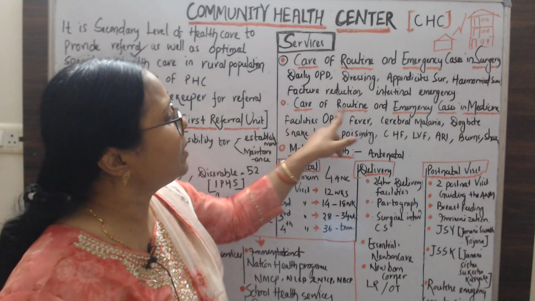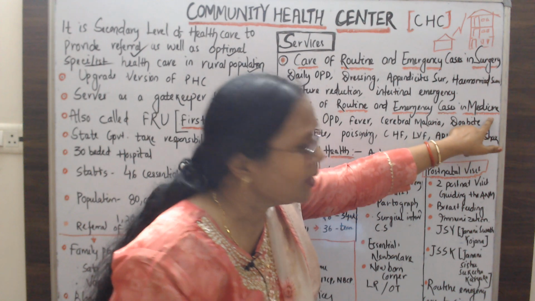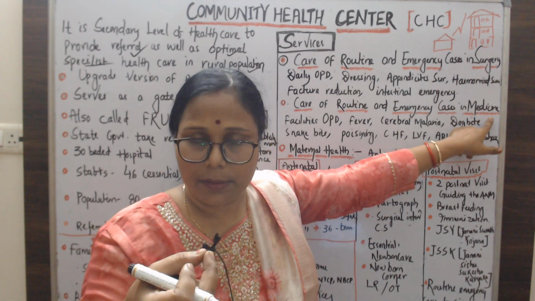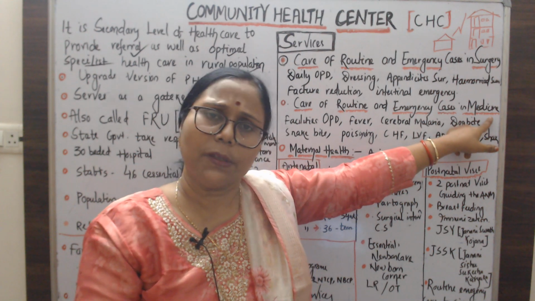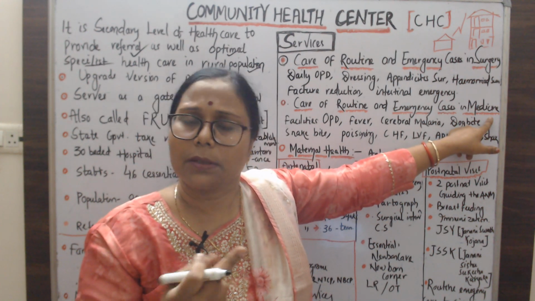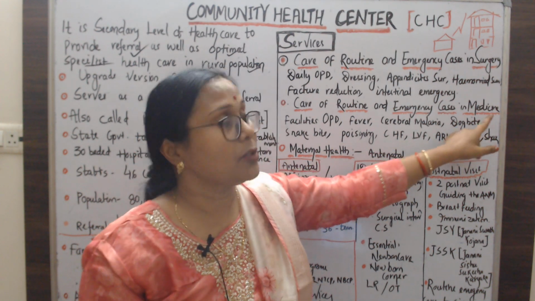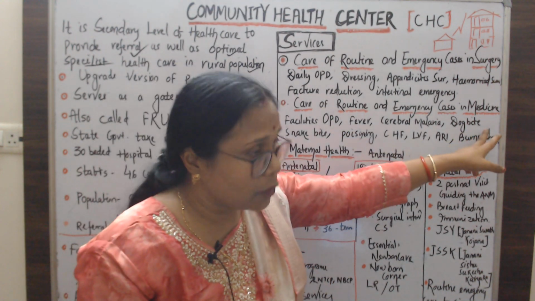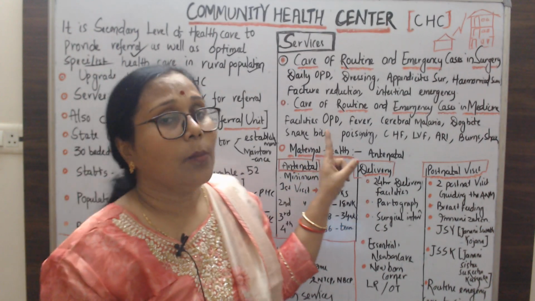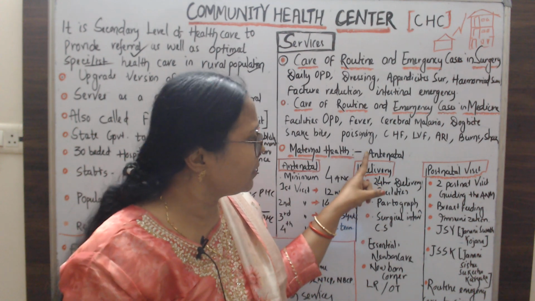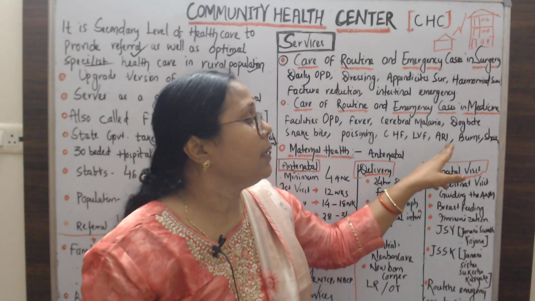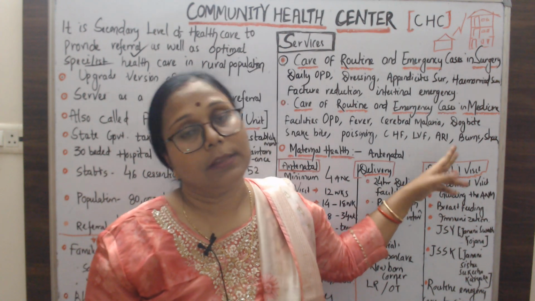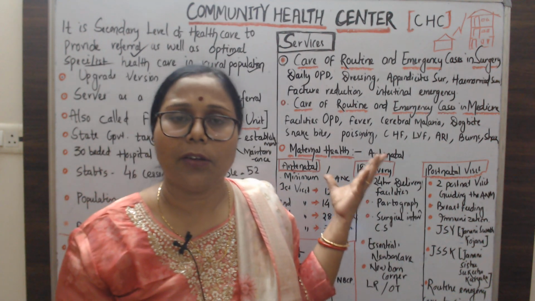Next, care of routine and emergency cases in medicine, because there are medicine specialists. OPD services are available, and emergency cases like fever, cerebral malaria, dog bite, snake bite, poisoning such as organophosphate poisoning, congestive heart failure, ARI (acute respiratory infection), burns and shock can also be managed in the community health center.